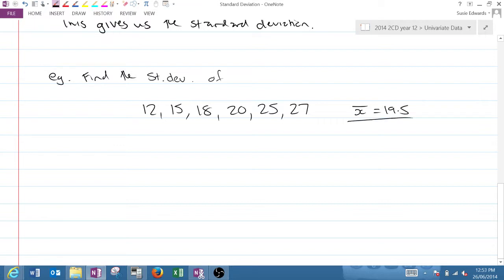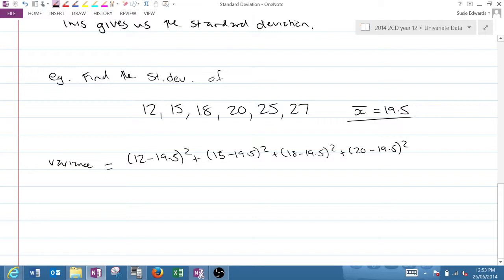Okay, that mean is really important that you know that, because all of this is about the distance from the mean. So for each of these points, to find our variance, we say 12, take 19.5 squared, plus 15, take 19.5 squared, plus 18, take 19.5 squared, plus 20, and so on.